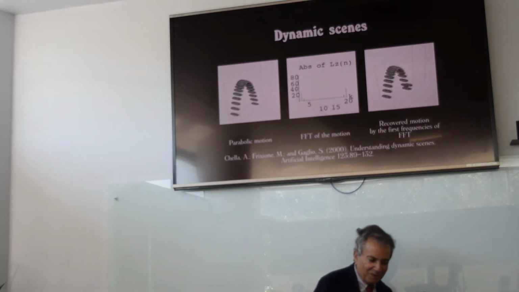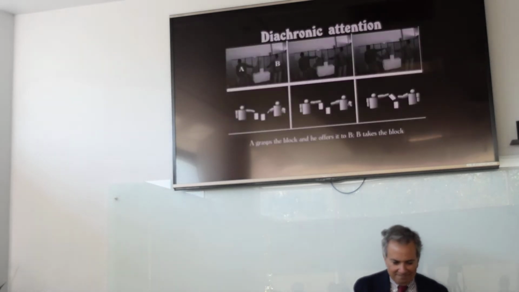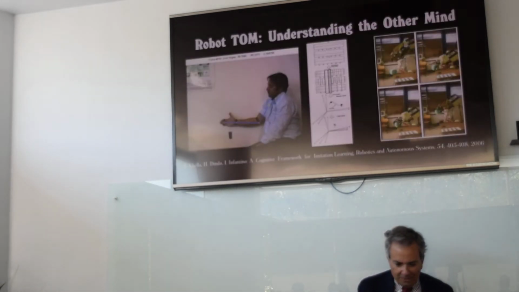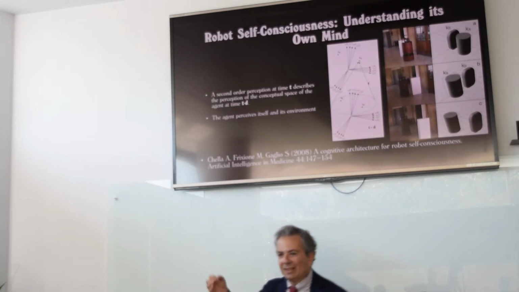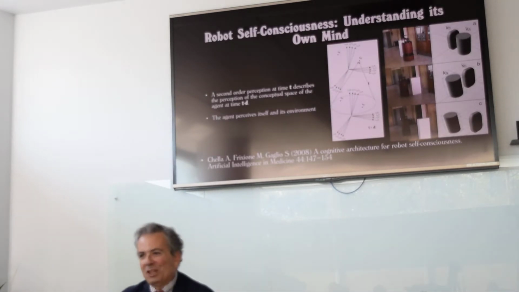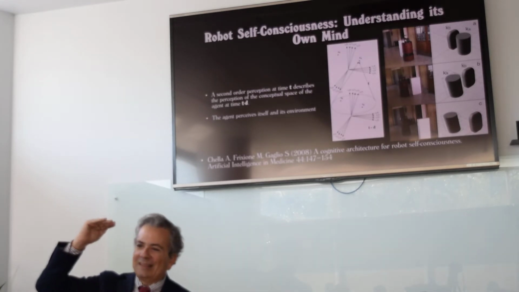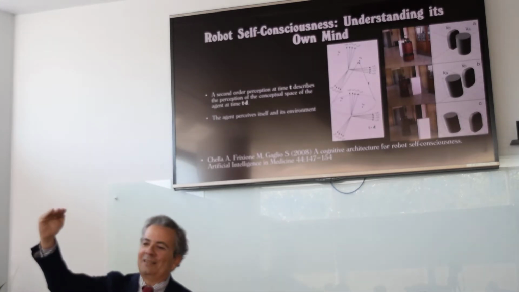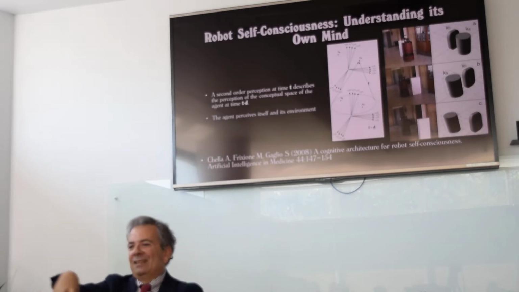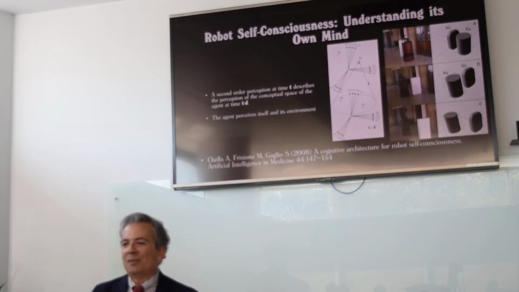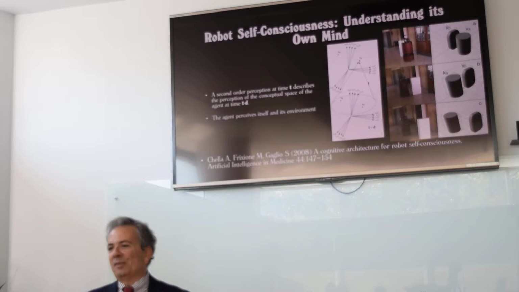And in the self-consciousness part, each point is a conceptual space situation. It is a higher order conceptual space, so each point summarizes the conceptual space of the robot. It's as if the robot looks at itself from the outside, some kind of allocentric view.